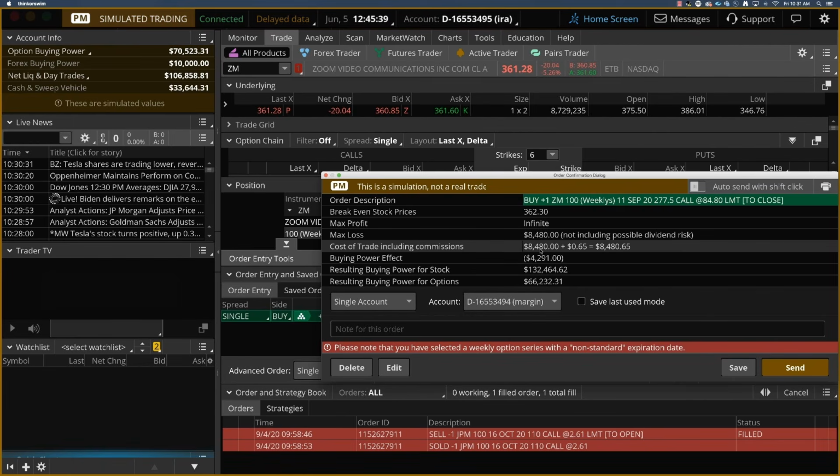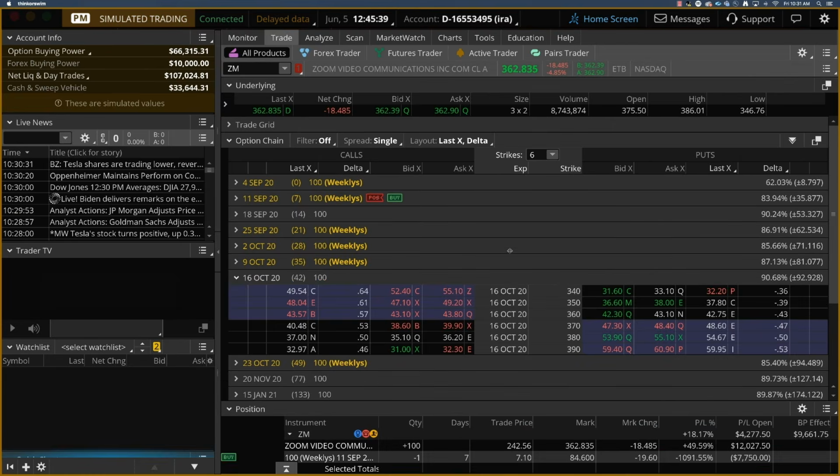Remember, the cost of the trade is what the investor is buying that option back for, $8,480, and add 65 cents per contract for the commission. Now, if that's what the investor would like to do, they can now send this order, and when they do that, what it's actually going to do is it's going to try to go out and buy that option back.